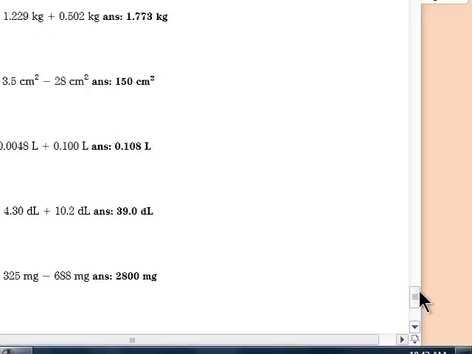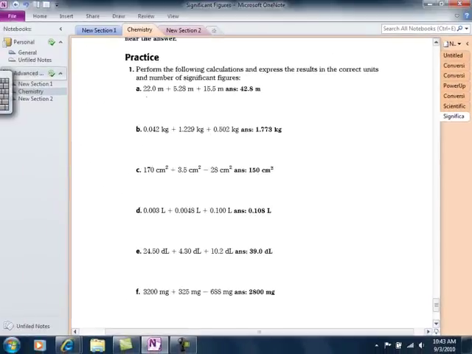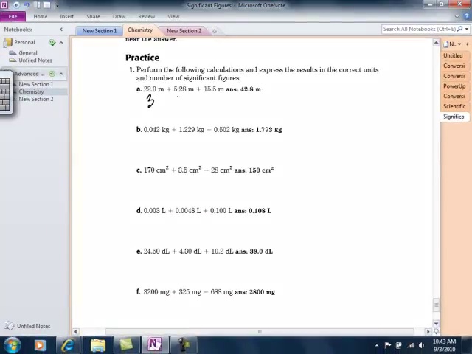Okay. How many significant digits are in this number right here in A? 3. And 3, 3. And there's the 3 in my answer. And this one? 2.